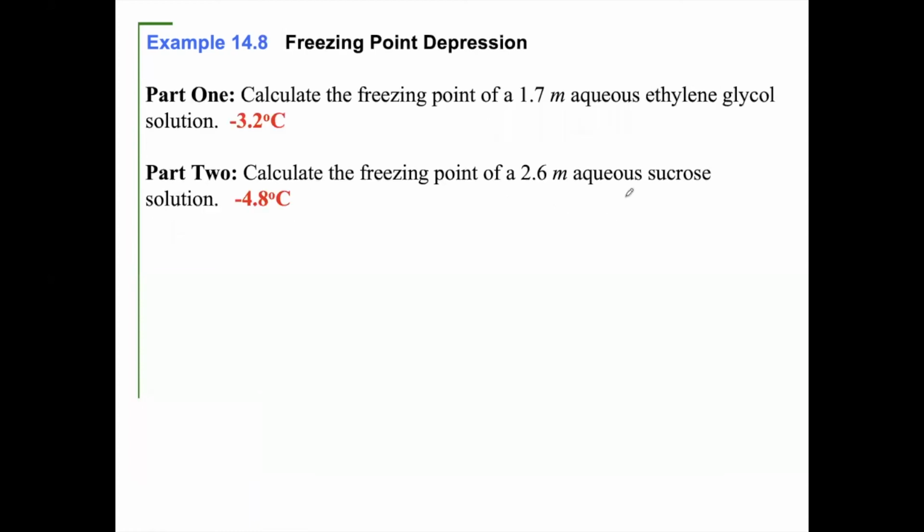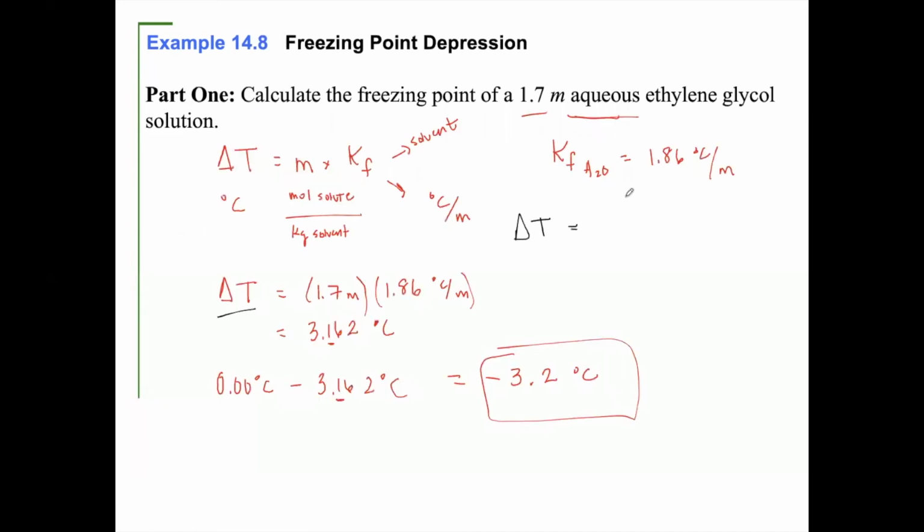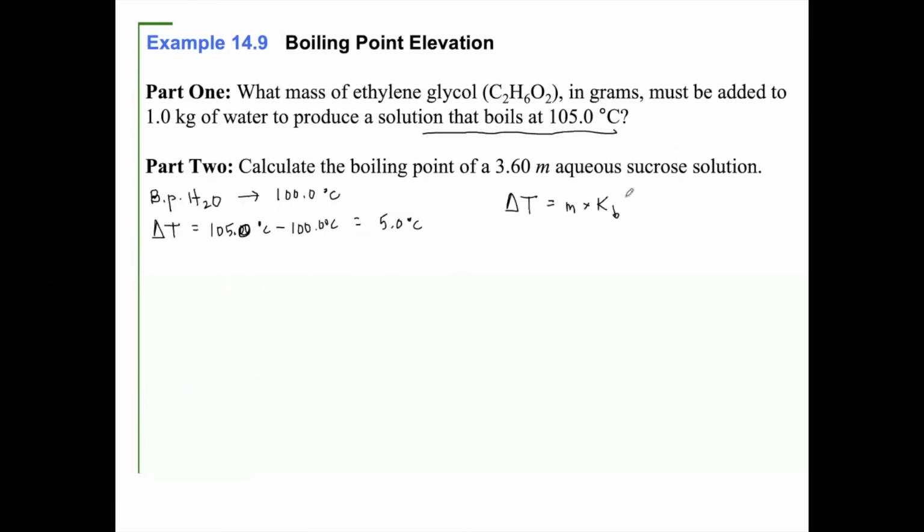So this is going to be the value for KB, the boiling point elevation constant for the solvent, which is water, is a different value than the freezing point depression constant. The constant for water is 0.512 degrees Celsius per molal.